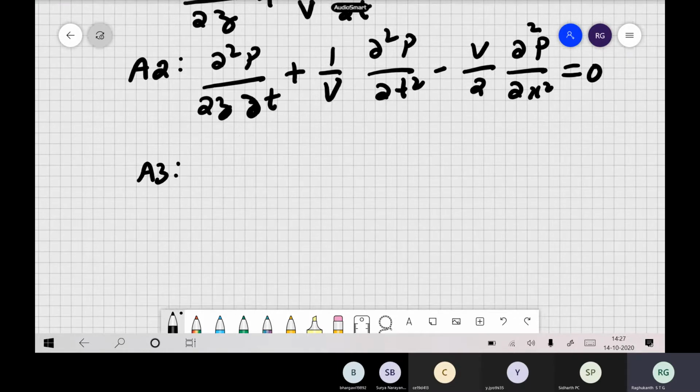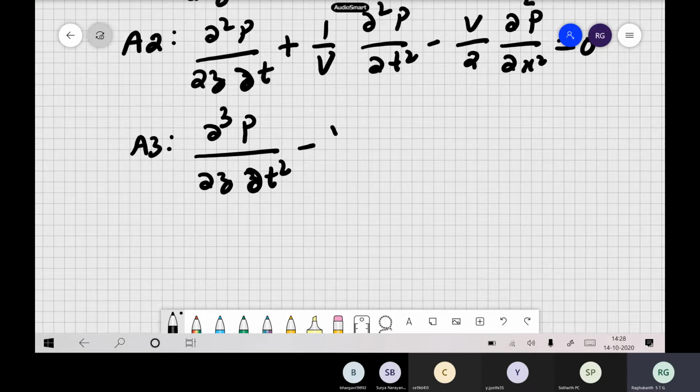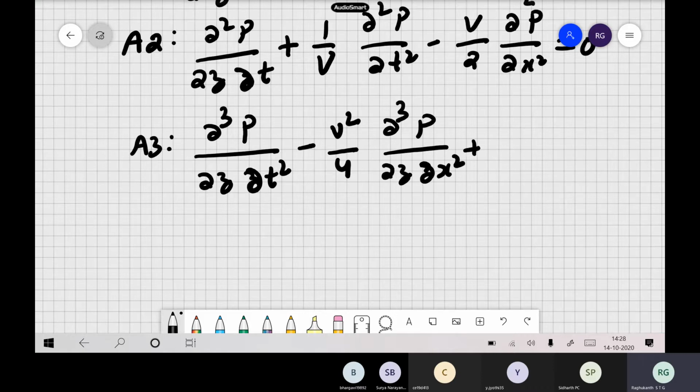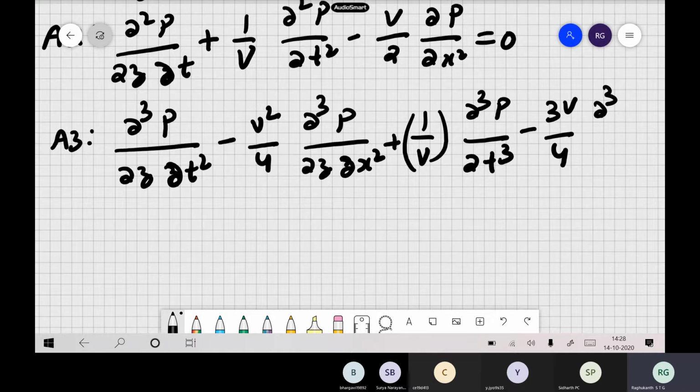Now for the third equation, where you are including three terms in the Taylor series, the expression becomes ∂³P/∂z∂t² minus V²/4 ∂³P/∂z∂x² plus 1/V ∂³P/∂t³ minus 3V/4 ∂³P/∂t∂x² equal to 0.